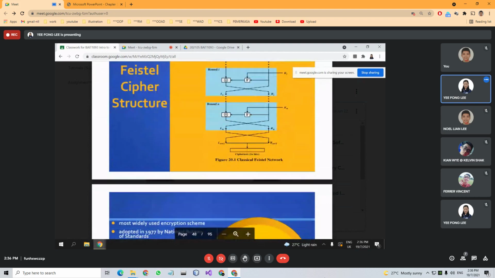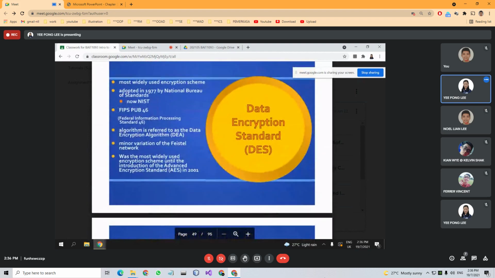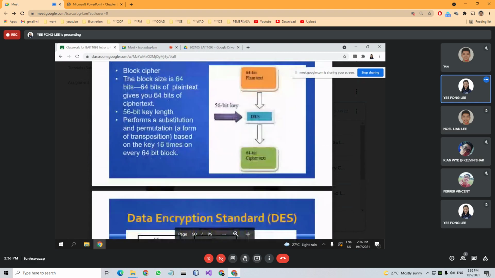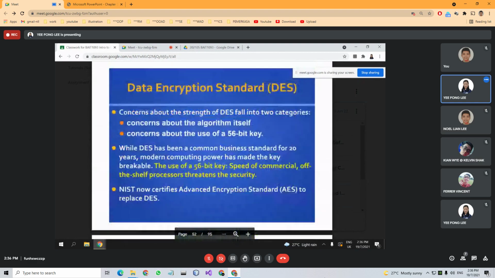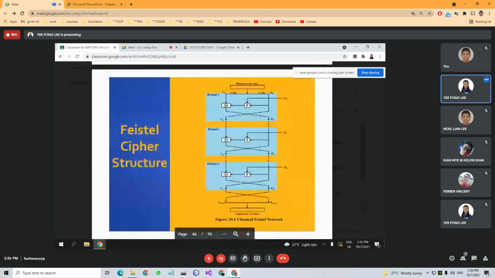We saw this one just now. Let me see DES. They are continuous, so it means we stop here.